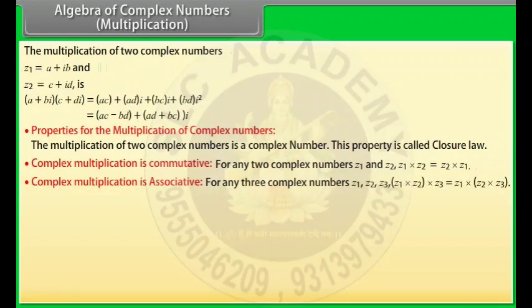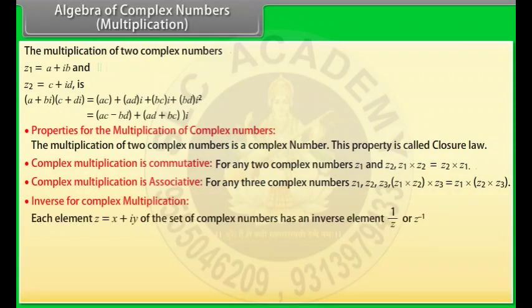For any three complex numbers z1, z2, z3, (z1 into z2) into z3 is equal to z1 into (z2 into z3). Inverse for complex multiplication. Each element z is equal to x plus iota y of the set of complex numbers has an inverse element, 1 by z or inverse of z.